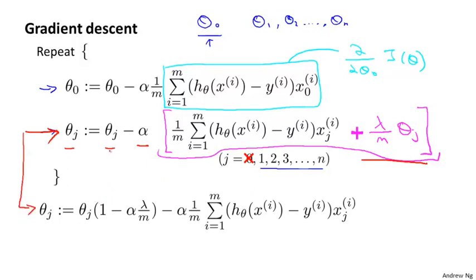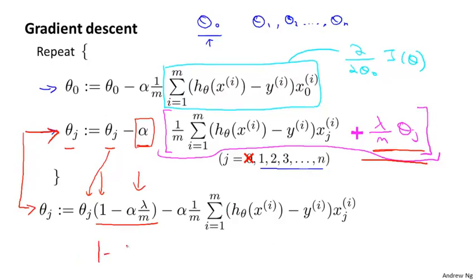All I did was write theta j as theta j times 1, and this term is lambda over m. There's also an alpha here, so you end up with alpha lambda over m multiplied into theta j. And this term, 1 minus alpha times lambda over m, is a pretty interesting term. It has a pretty interesting effect.